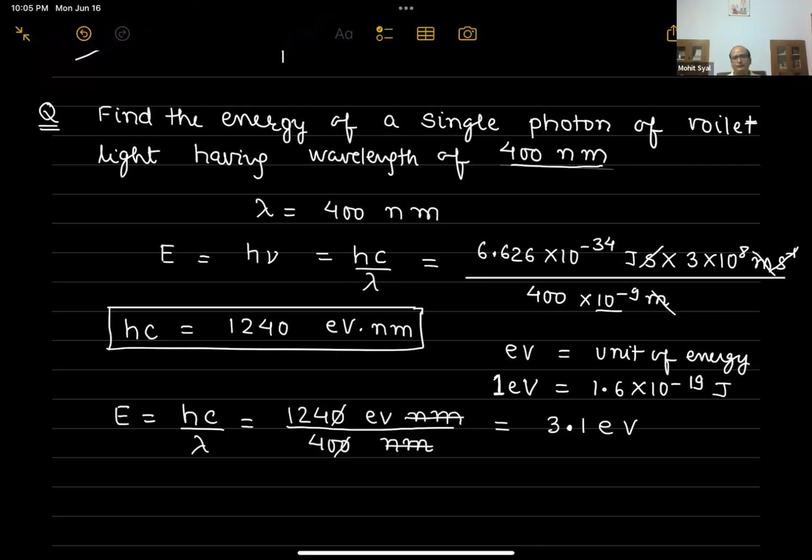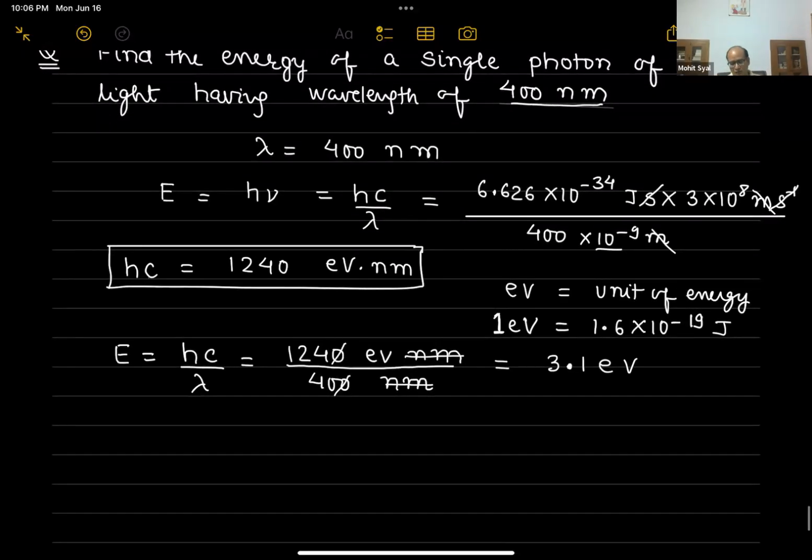Similarly, in this case, we have introduced a new unit of energy, that is 1 electron volt. What is the value of 1 electron volt in joules? It is equal to the charge of the electron, 1.6 into 10 to the power minus 19. Got it? Is it clear?